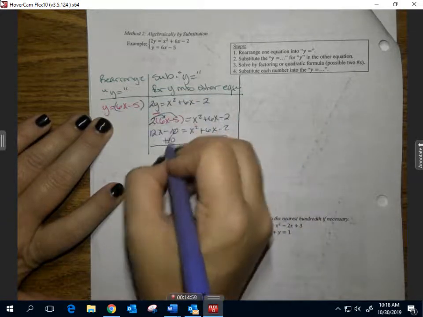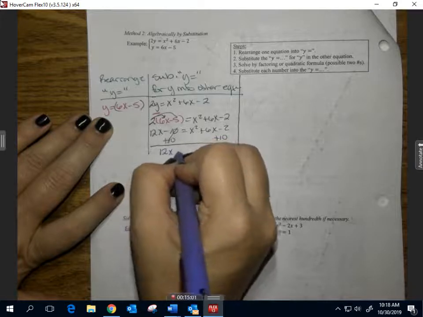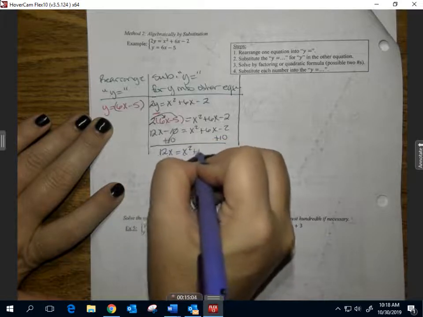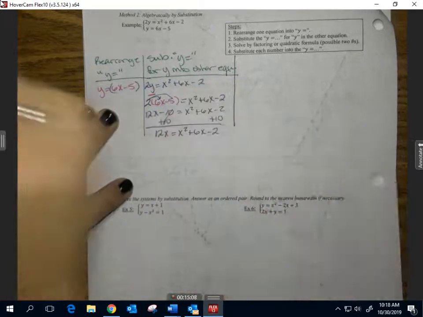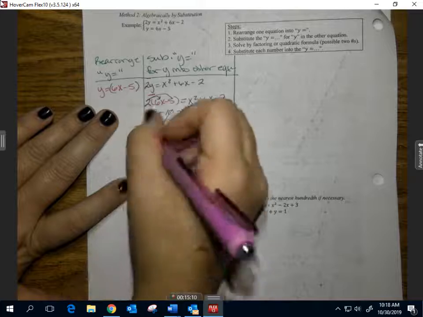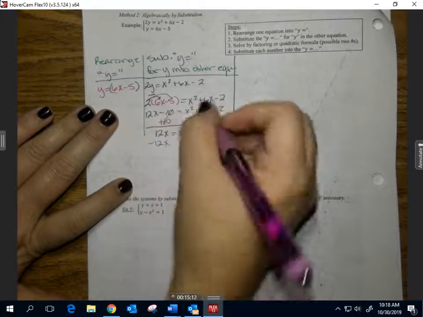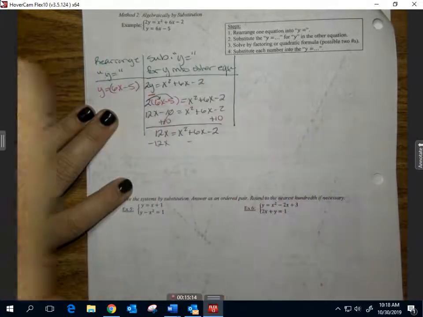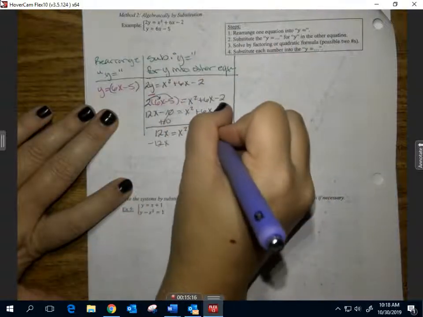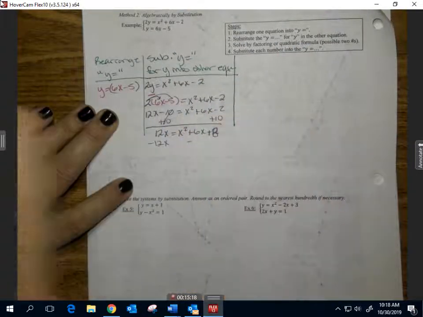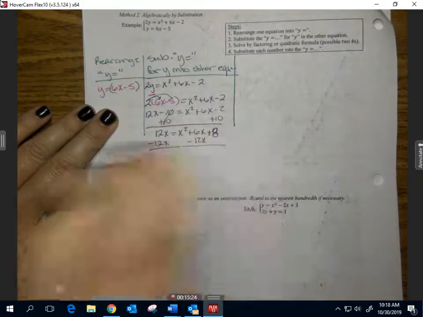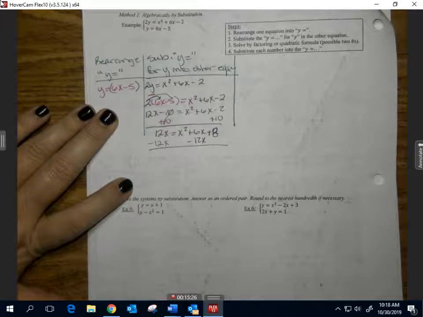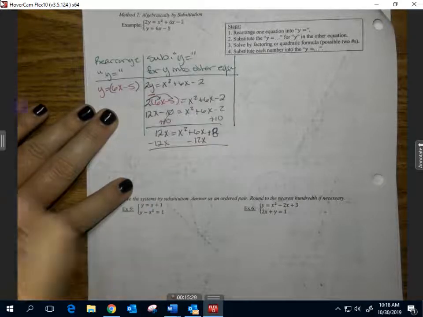So that I get 12x equals x squared plus 6x minus 2, and then I'm going to subtract 12x. You need plus 8? Oh, I do. Thank you. Plus 8. I'm putting it underneath each term that I'm moving over, underneath its like term, okay?